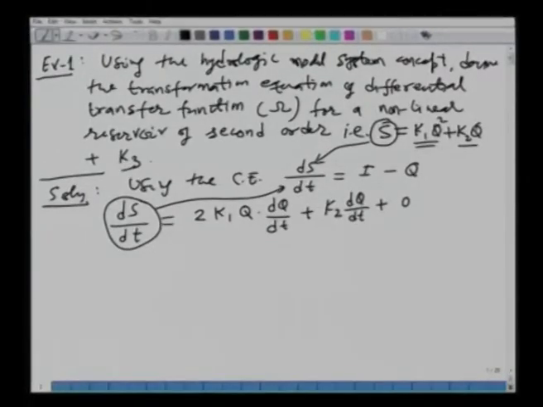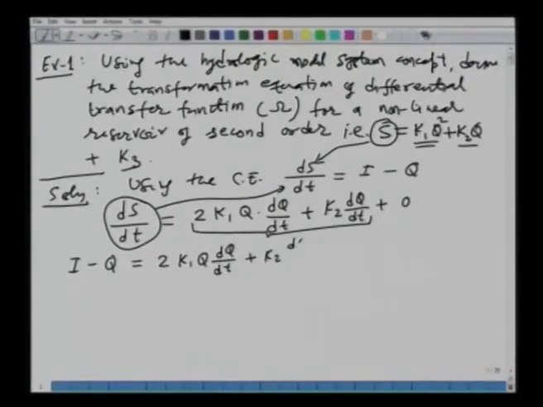So, let us do that. What I will have is I minus Q on the left hand side, equal to this whole thing, which is twice K1 Q dQ over dt plus K2 dQ over dt.